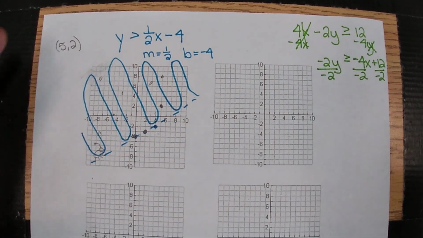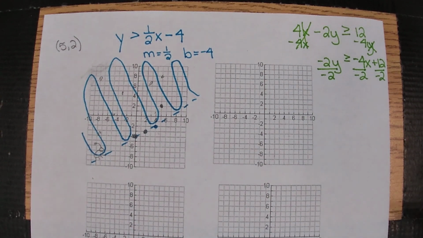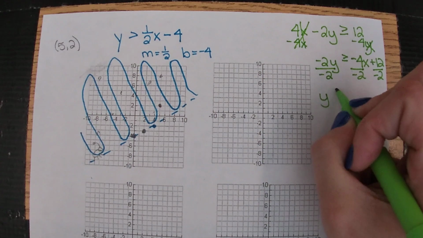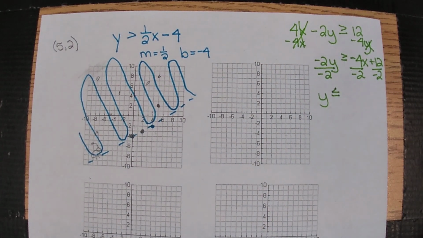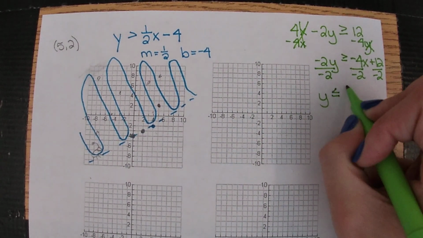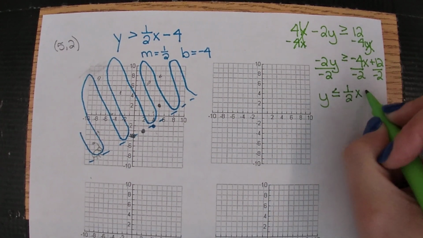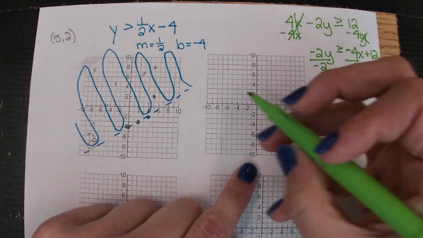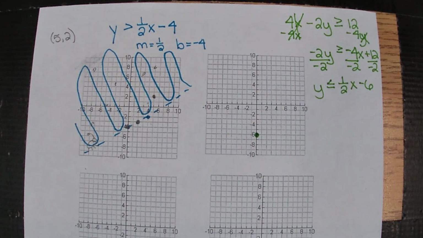And you might be going, should I be remembering something with a negative? Yes, you should. When we divide by a negative, that tells us to flip the direction of the inequality sign. And so we'll have y is less than or equal to 1/2 x minus 6. To graph this, my b is going to be -6, so I'm going to go down to -6.